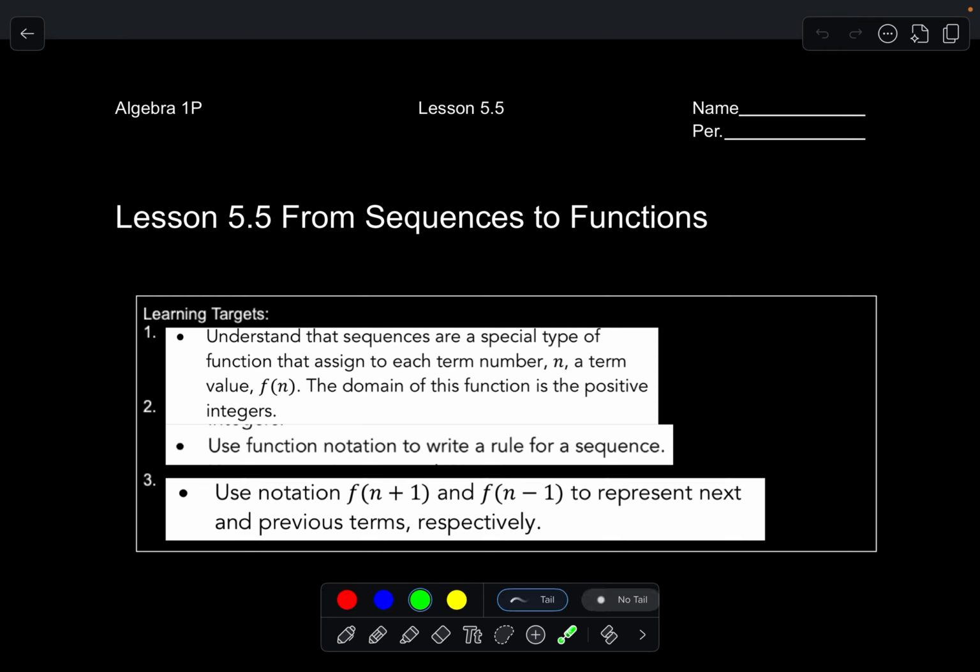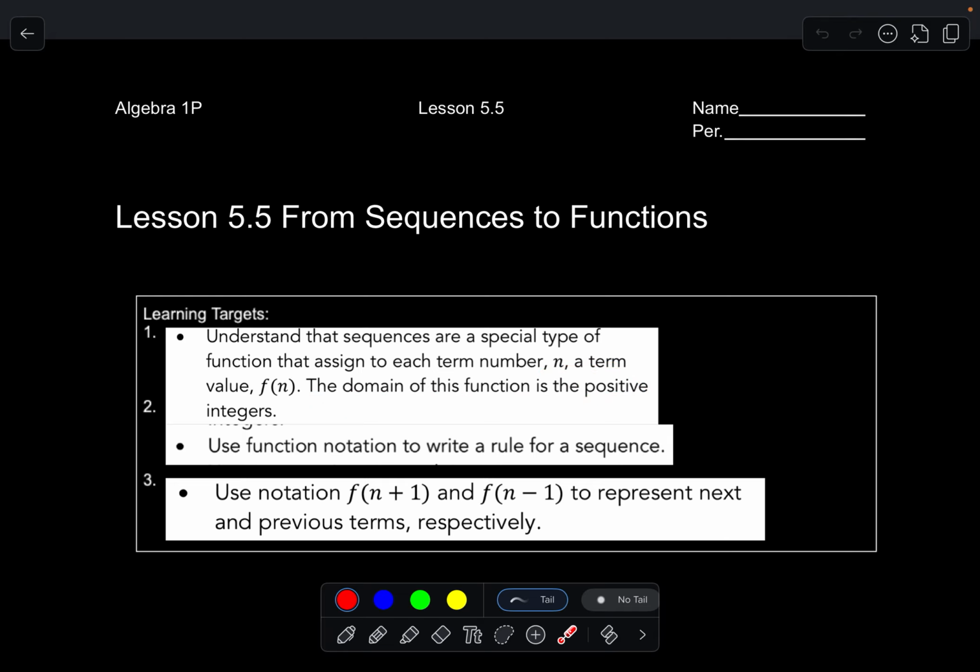So what we're going to do is understand that sequences are a special type of function that assigns to each number in the sequence n, which is a term value, f of n.